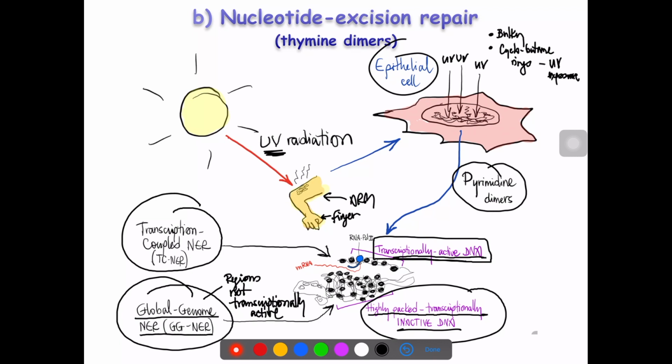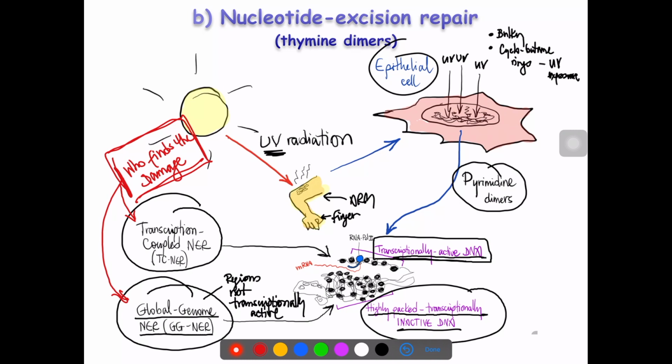Other than that, all other enzymes are shared by both mechanisms. So again, let me just re-emphasize this. The only difference between these two mechanisms of DNA repair is who finds the damage. All other steps in these repair pathways are absolutely identical.